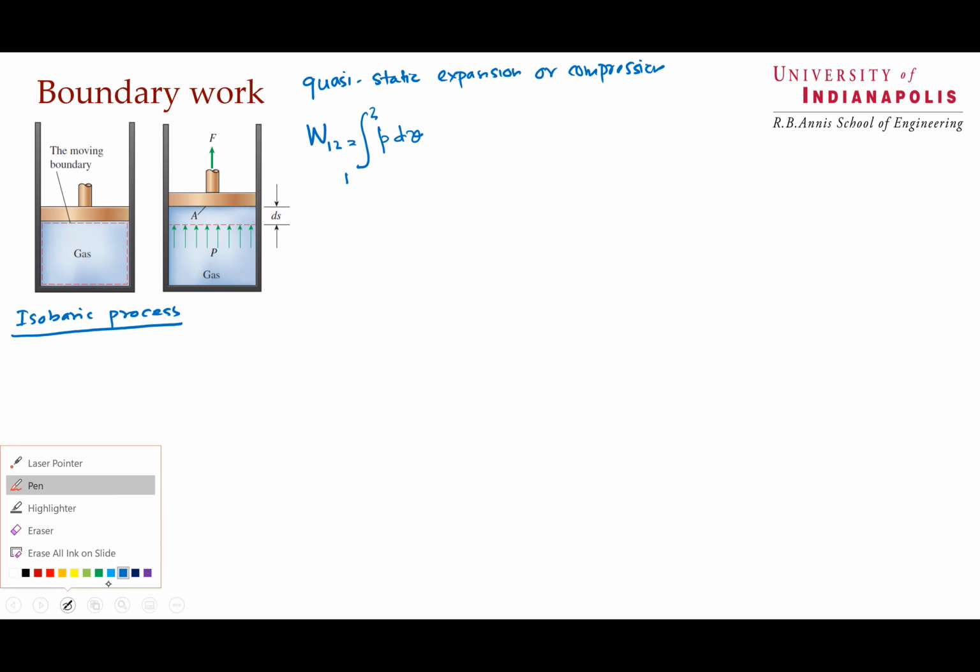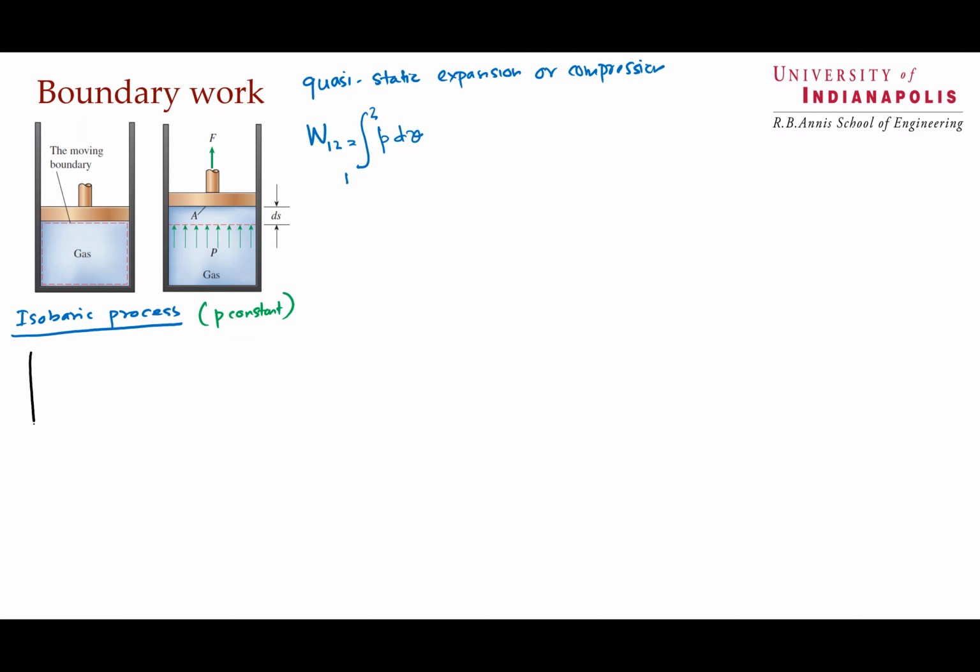An isobaric process is basically a P constant process. So in this case, your pressure stays constant. If you draw the PV diagram for that process, the pressure is constant at P naught. And the volume changes from V1 to V2, right?